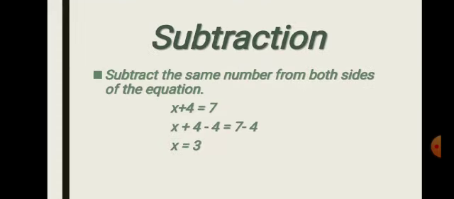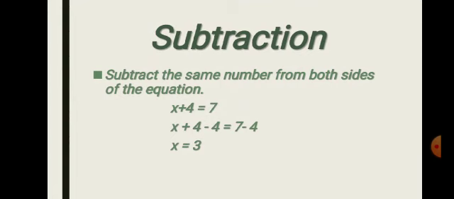The next rule is subtraction. Subtract the same number from both sides of the equation. You can see the equation x plus 4 is equal to 7. What is the opposite of addition? That is subtraction. What is written with the variable? Plus 4. So we subtract 4 from both sides. x plus 4 minus 4 is equal to 7 minus 4.